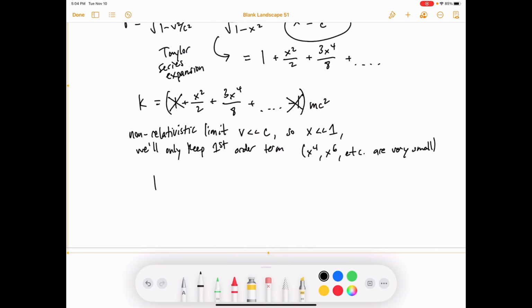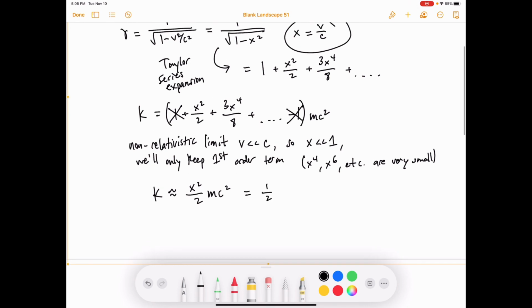So as an approximation, we can say K is approximately equal to x squared over 2, just keeping that first term, times mc squared. But remember, the definition of x is just v over c. So we have 1/2 times (v over c) squared times mc squared.